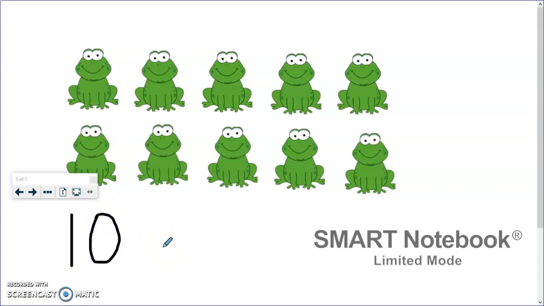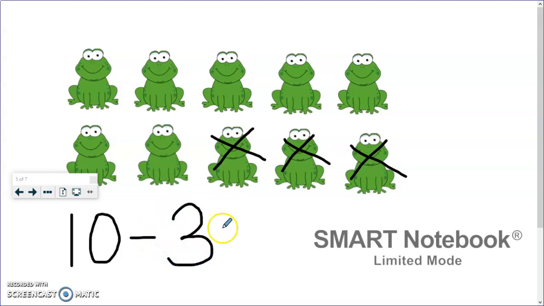Now we're going to take away, we're going to subtract. So that means we need the minus sign. And I told you that 3 of our frogs jumped away. So 1, 2, 3. We need to fill in the number 3. That's how many went away. Equals how many are left? 1, 2, 3, 4, 5, 6, 7 frogs are left.